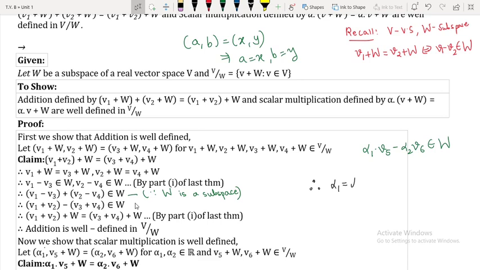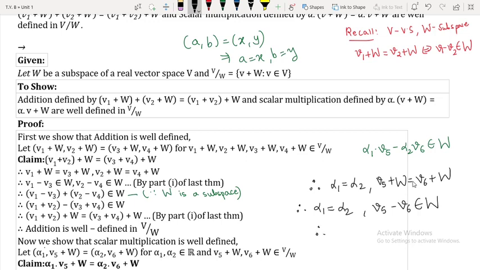Alpha 1 should be equal to alpha 2 and V5 plus W should be equal to V6 plus W. Now again by using this result, since two cosets are equal, the subtraction of the representatives should belong to W. Therefore alpha 1 equals alpha 2 and V5 minus V6 should belong to W.